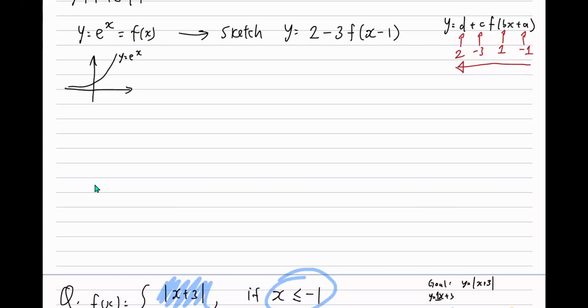Let's start with a. We have a -1, right? What kind of translation is this? Move left or right? Minus, move right. Plus, then you move left inside the brackets.